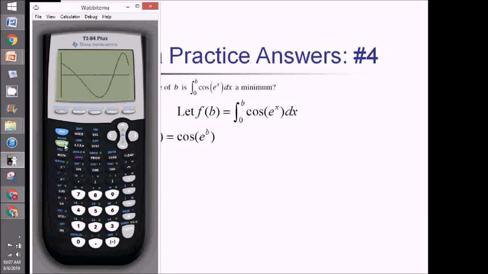So I'm going to do second and trace in order to get this zero function here. Let me move my spider a little bit closer, press enter, move it past the zero, press enter again, enter one more time, and that is the value 1.55 and some change.